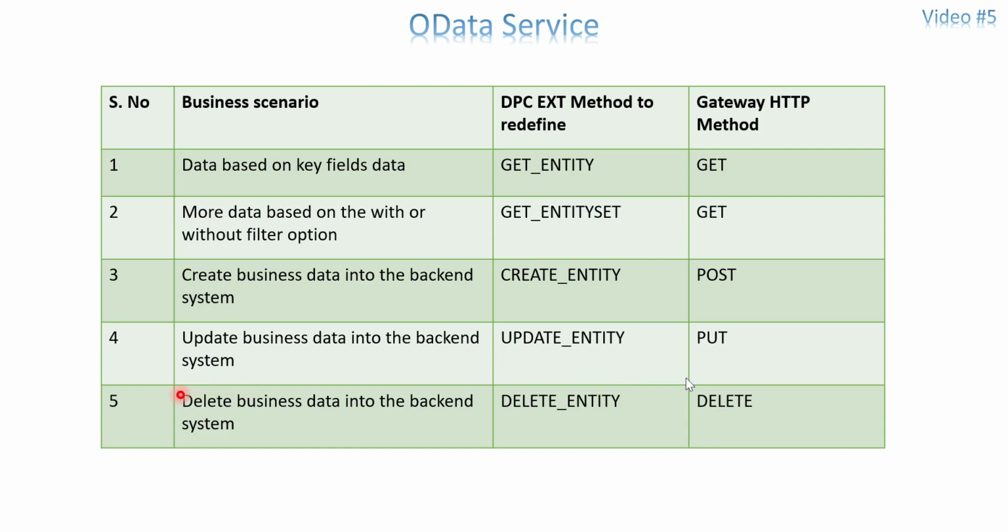Finally, if you want to do any delete operation, you have a method called delete entity and the HTTP option called DELETE. There is no difference in the URI; the same URI is used from the gateway system or data level, and based on this option it determines which method to call. These two we have seen already, and today we're going to see options 3, 4, 5, which are very simple.